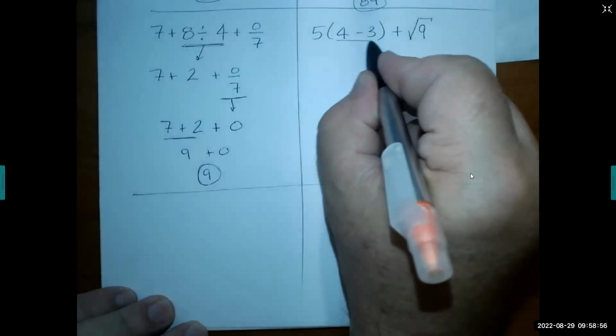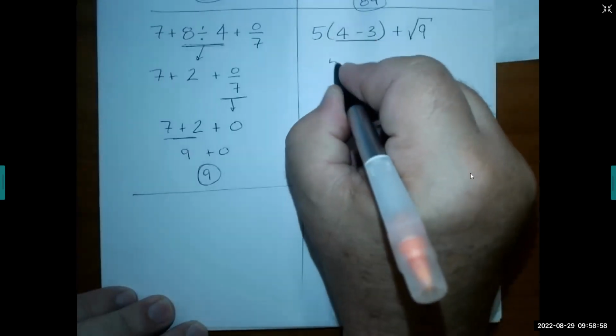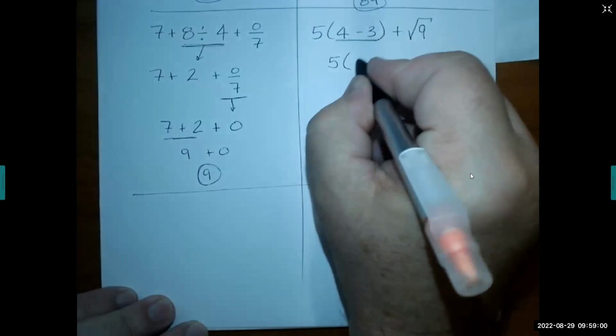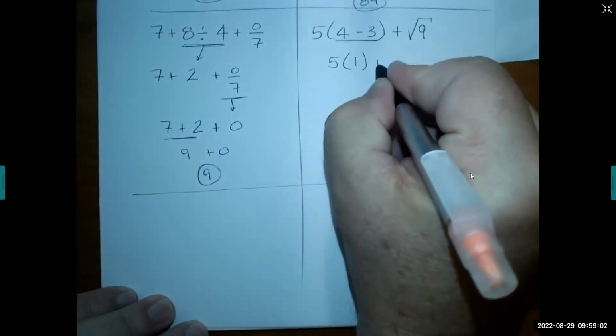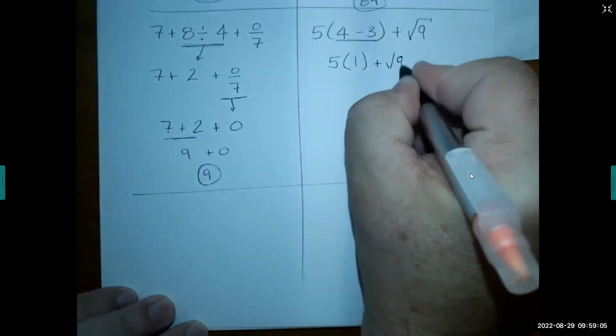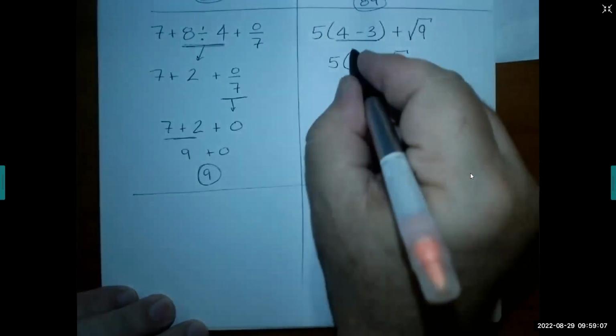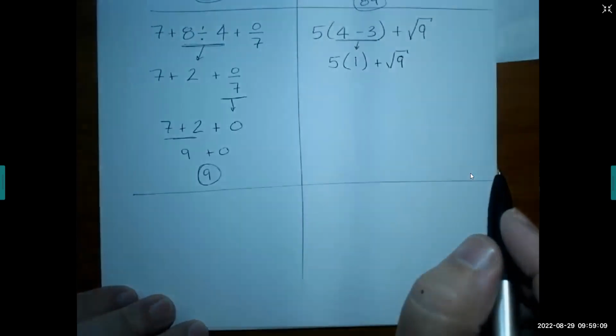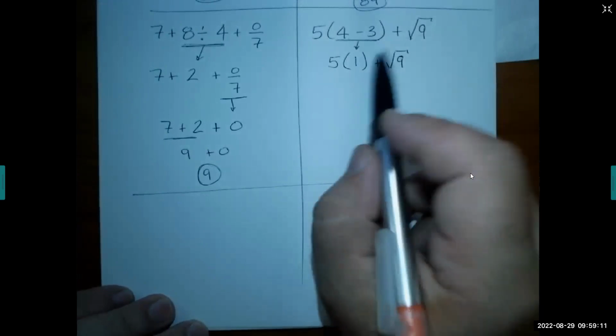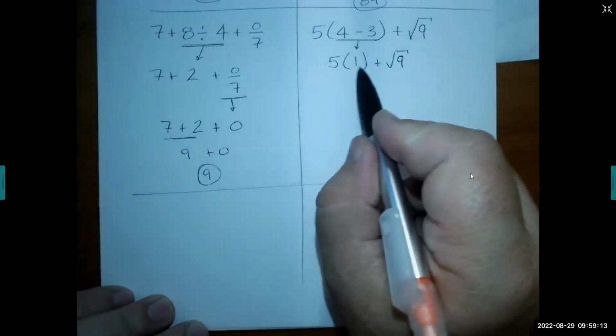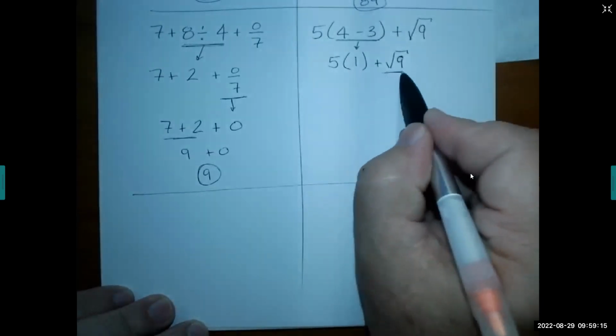Left to right, gotta do inside the parentheses. 4 minus 3 is 1. Left to right, special operations, square root of 9.